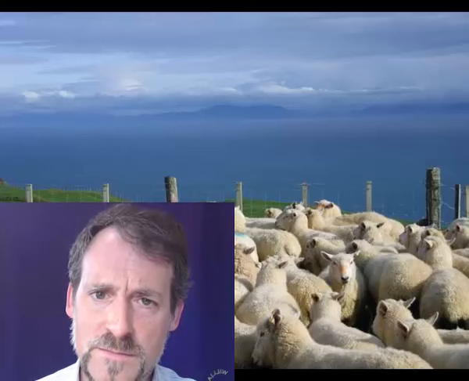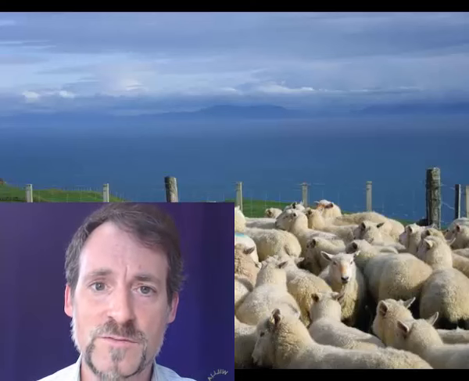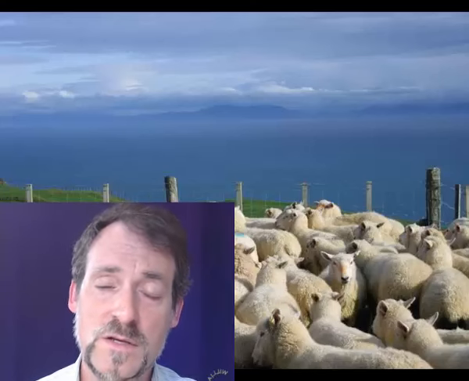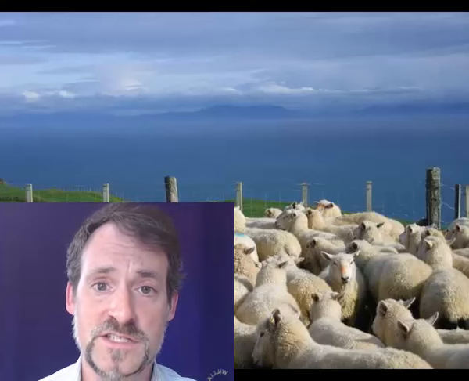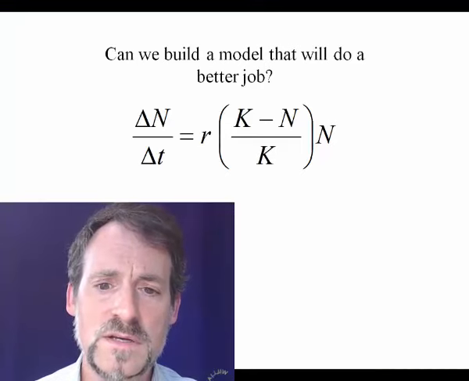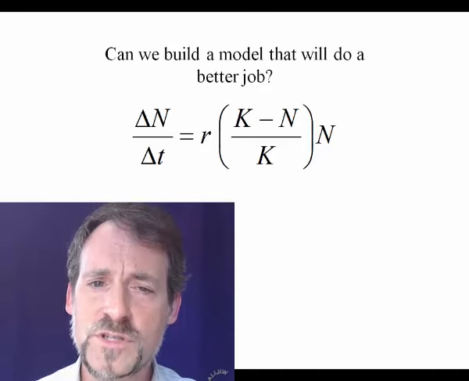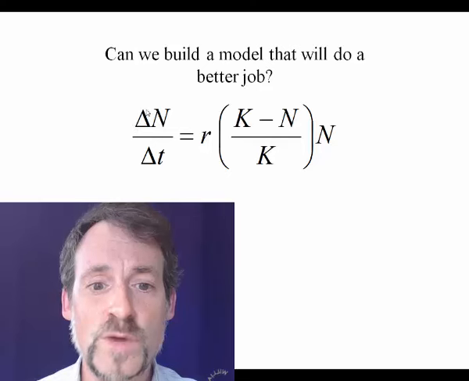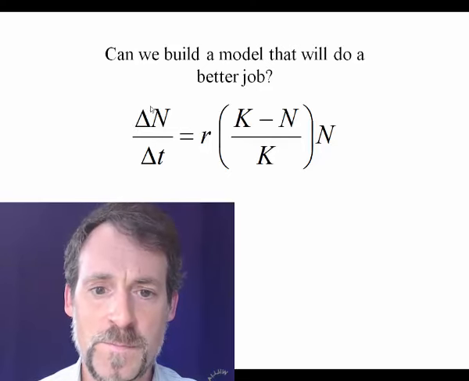Can we build a model that does a better job of predicting what's going to happen than the exponential equation does? Well, here's what ecologists have come up with. This looks ugly, but don't worry. Most of it is what you've already seen before. Here's the rate at which the population is growing.